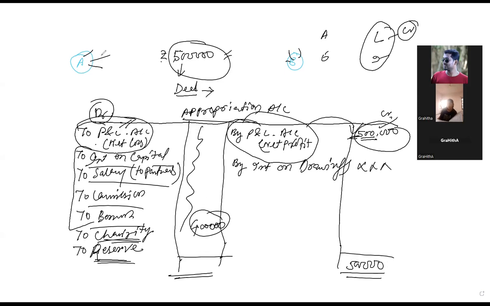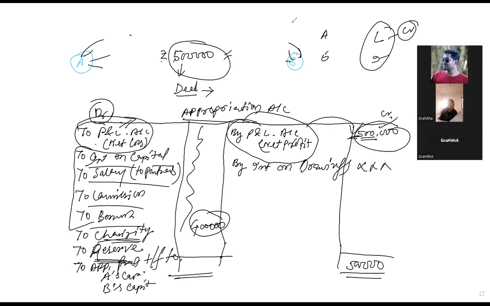This 1 lakh rupees goes to A and B in the form of a ratio, and that's why we have here the appropriation: profit transferred to A's capital account and B's capital account. So these are the ingredients we have inside the profit and loss appropriation account. I hope this part is clear, right?